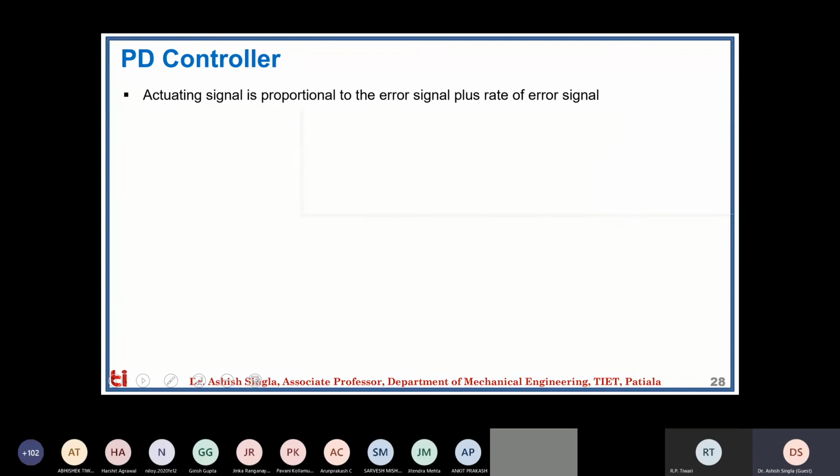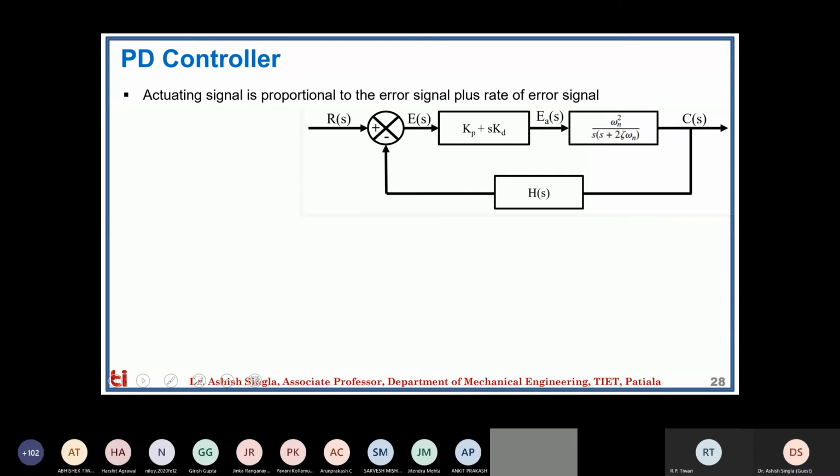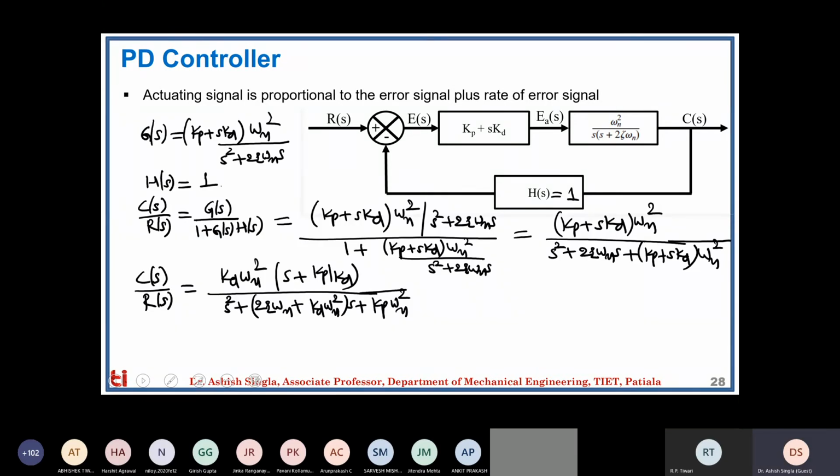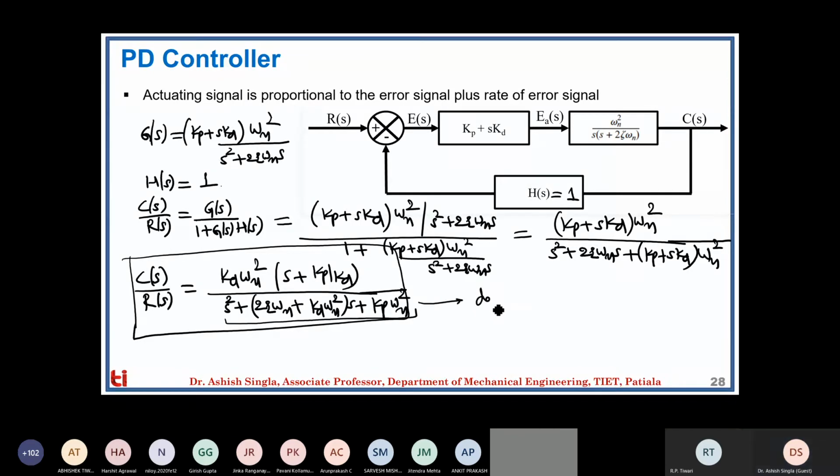For the PD controller, if we solve this block diagram, we get the transfer function of the system. Now we can calculate the steady state error based on this transfer function.